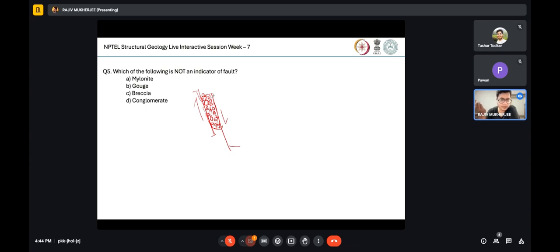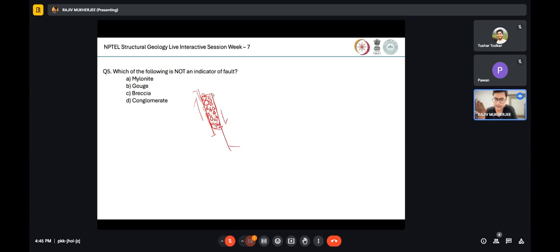Only then can you produce the gouge. But if you have a conglomerate associated with the fault, you can easily extract clasts from that conglomerate that will act as the brecciated grains and clasts. They will be angular and fragmented. So conglomerate can be associated with the existence of a fault gouge.